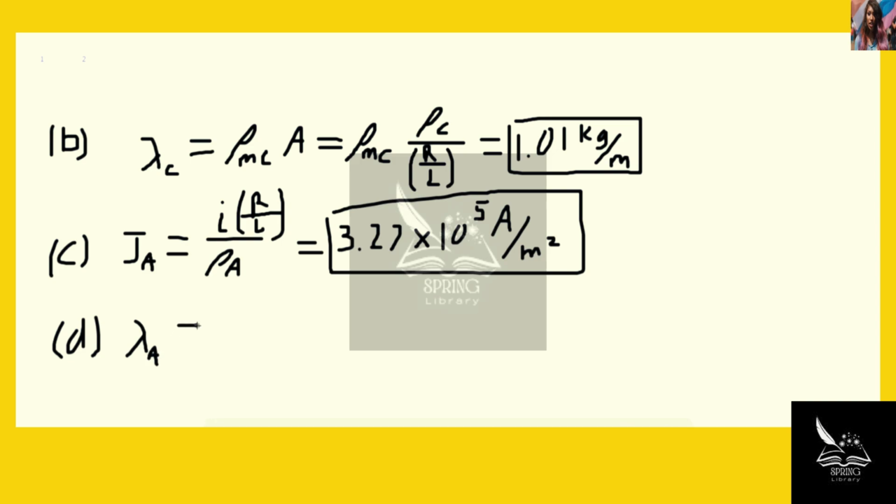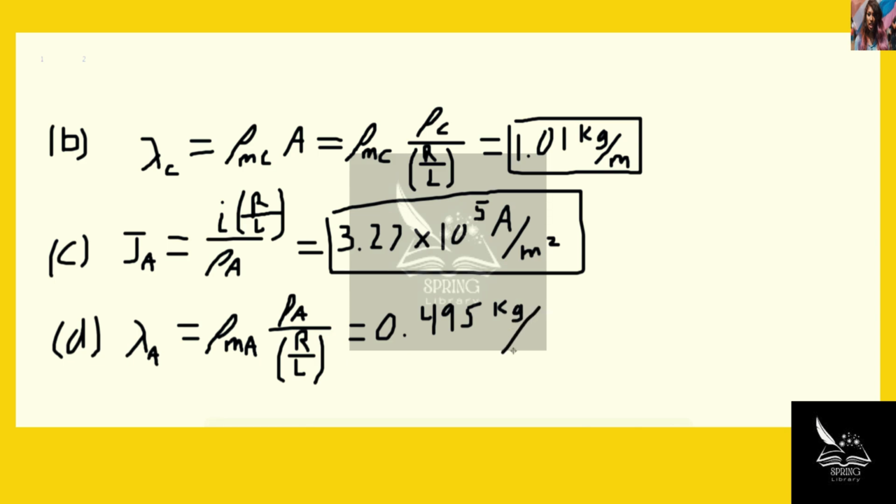Okay, so this is going to be equal to the mass density of aluminum multiplied by the area, which is rho A, divided by R over L. Okay, we plug all these values into this expression, and this comes out to be 0.495 kilograms per meter. You can box that in as our solution to part D.